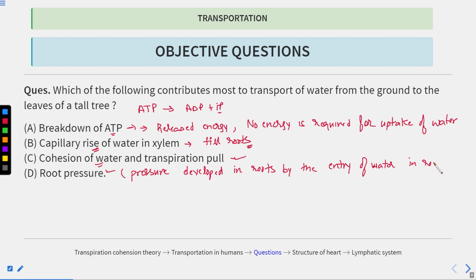This is known as the root pressure. The root pressure is also important, but root pressure is not enough to transport the water to the leaves of a tall tree. So it can only transfer the water from ground to the stem only. Okay. And option number C should be the correct answer here then.